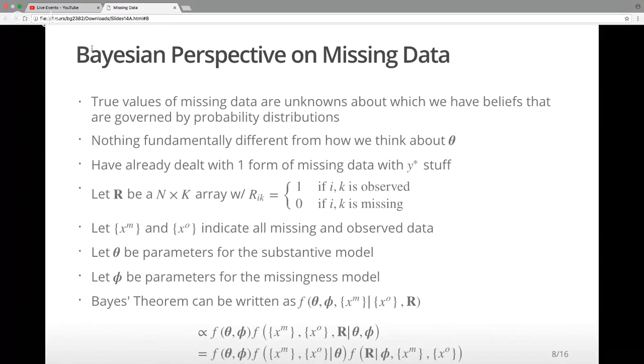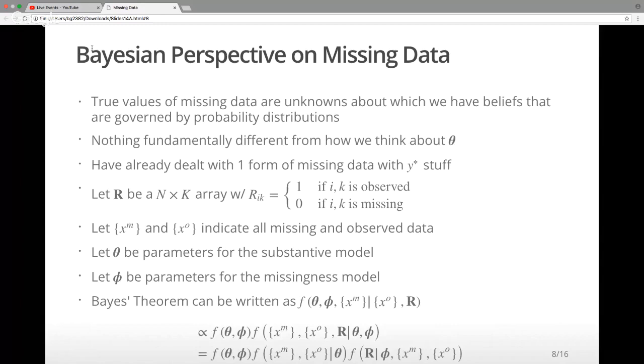If we separate out the concepts XM and XO to indicate missing data and observed data, then we have theta, the parameters for the data generating process if we observed everything, and phi, the parameters that go into why this value is missing for some people and observed for others.